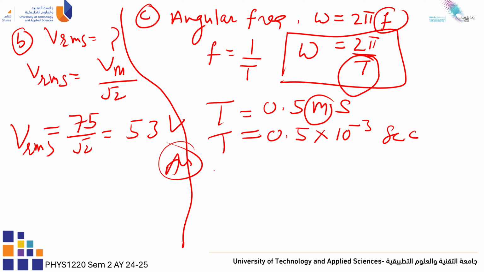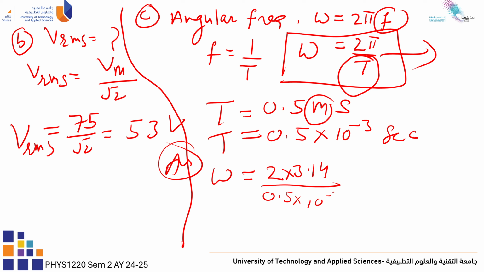Now we have to go back to the omega formula. So this is 2, and the value of pi is 3.14, divided by 0.5 multiplied by 10 to the power minus 3.